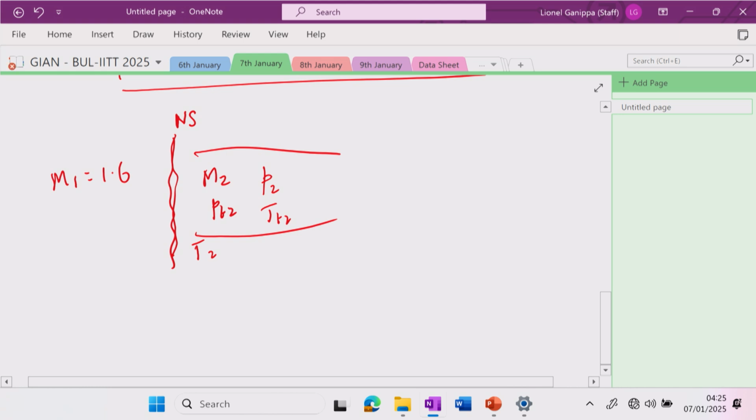We also have this information. Prior to shock, the static pressure P1 is 26.5 kilopascal. The static temperature T1 is 223.3 Kelvin. So just use the tables.